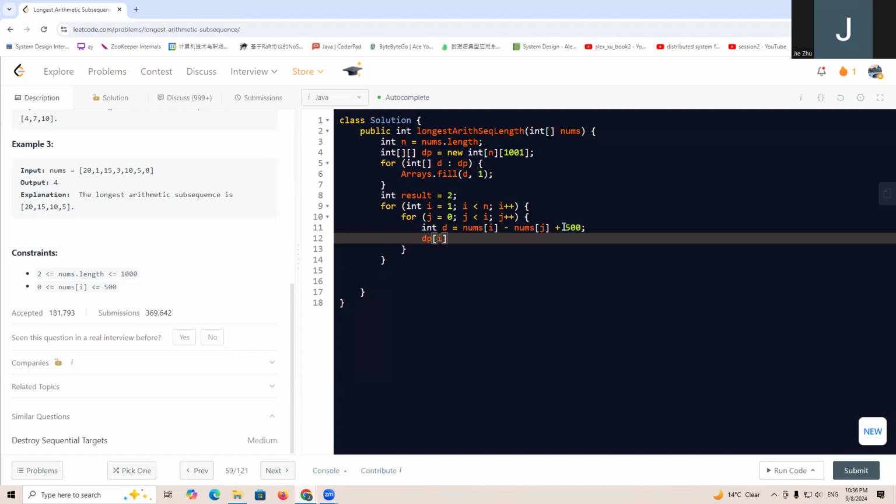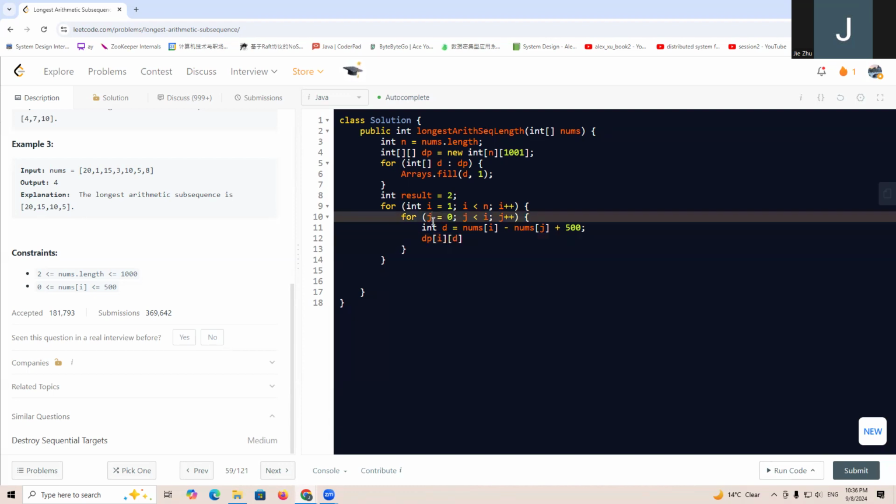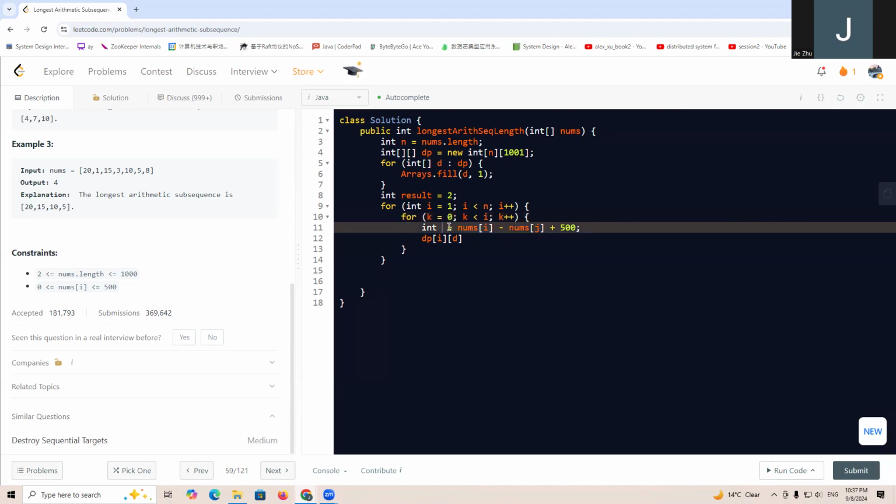A moment ago we said j is a diff, so let's put this into positive k, and put d here because d is the diff.